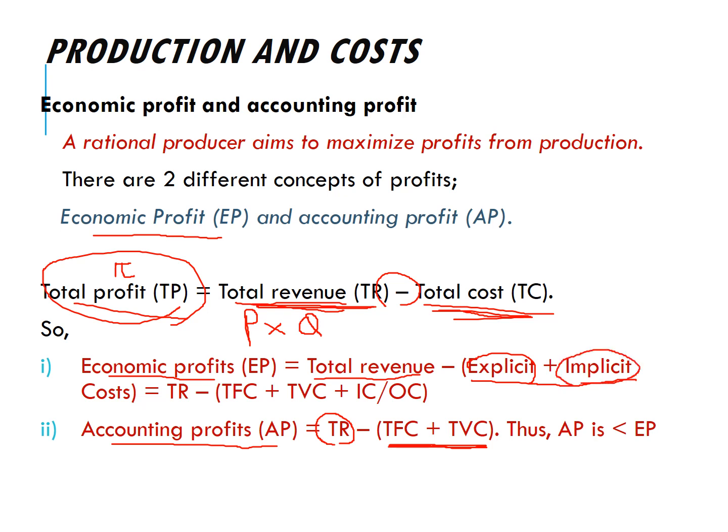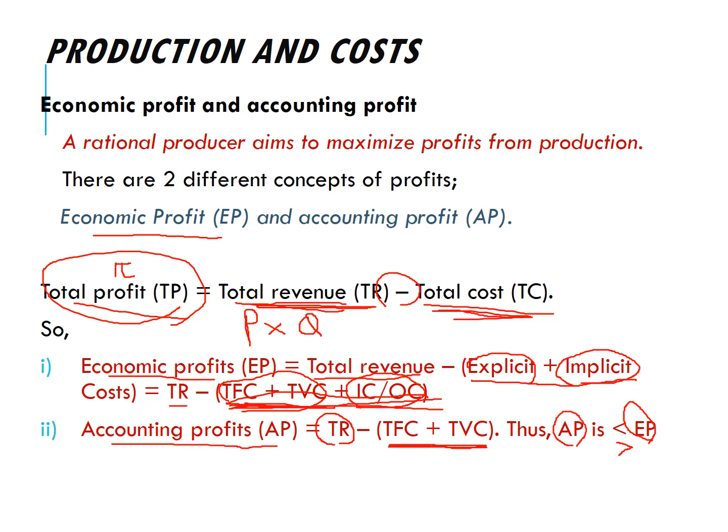Or you can refer here: TR minus economic cost, explicit plus implicit or opportunity cost. So the cost in economics is bigger. This is accounting cost. This is economic cost. So that's why economic profit is lesser than accounting profit.